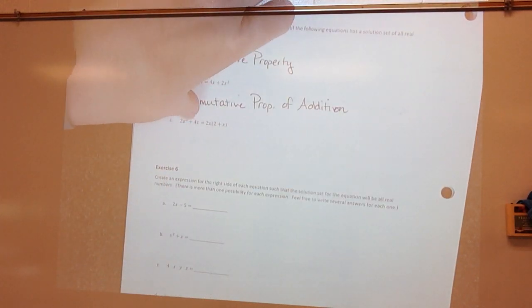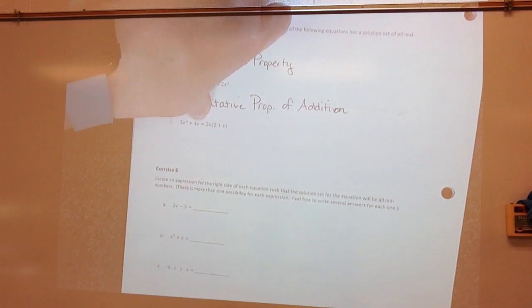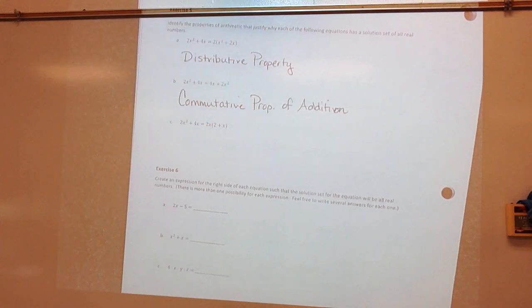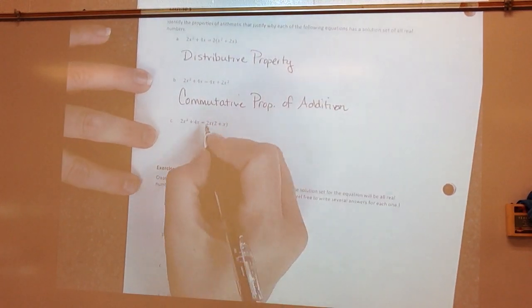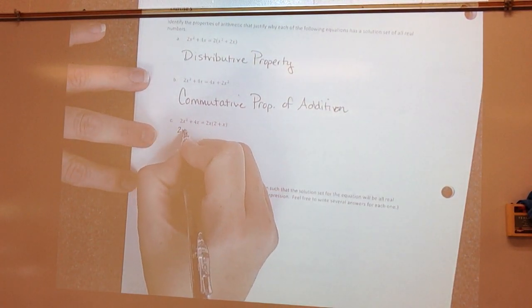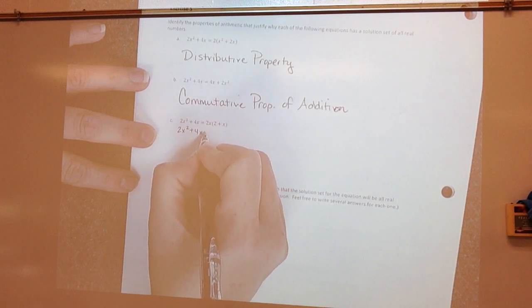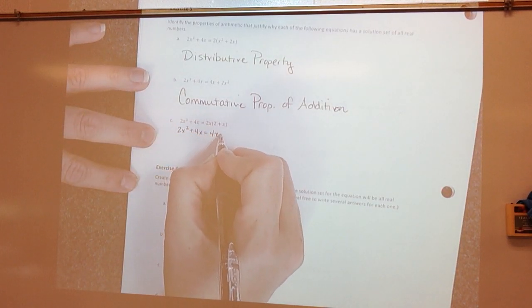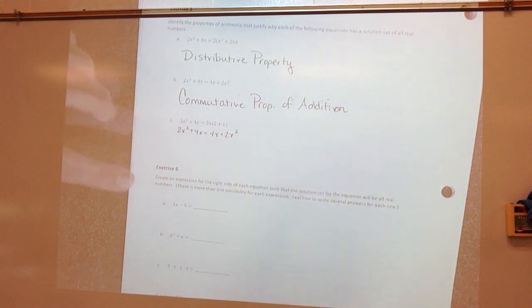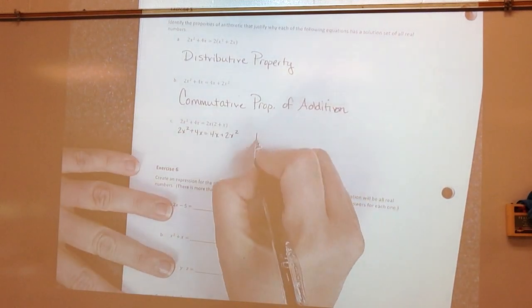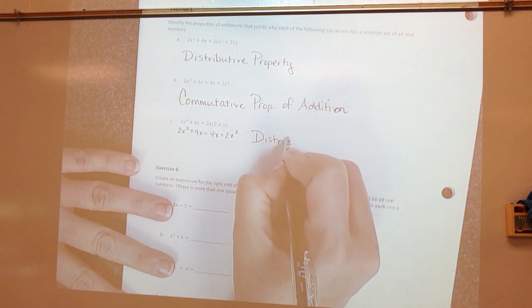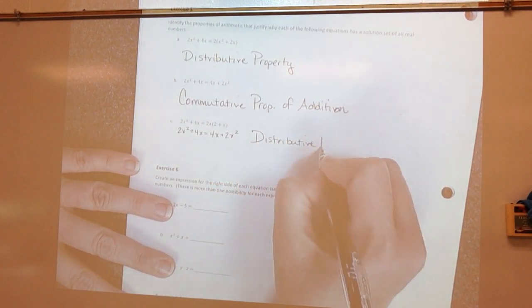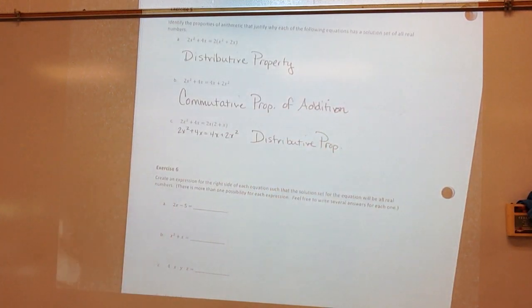All right, 2x squared plus 4x is equal to 2x times 2 plus x. Now let's look at this one. Go ahead and do that parentheses. So I get 4x plus 2x squared. It doesn't quite look the same, but I did use distributive property. All right? But I also have to do what?